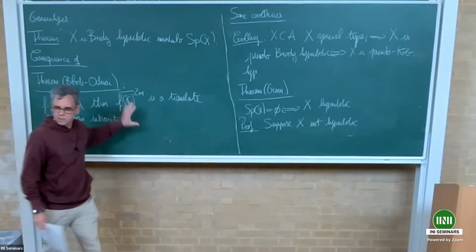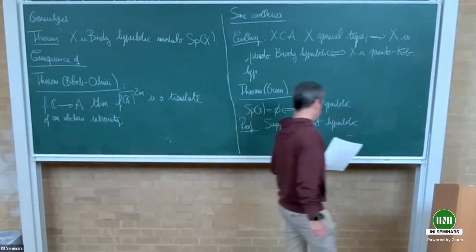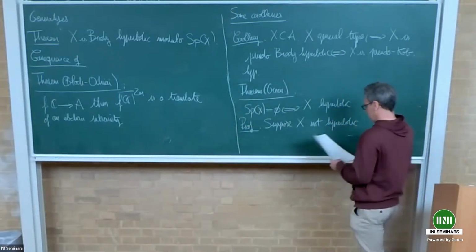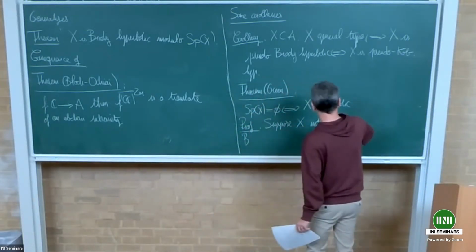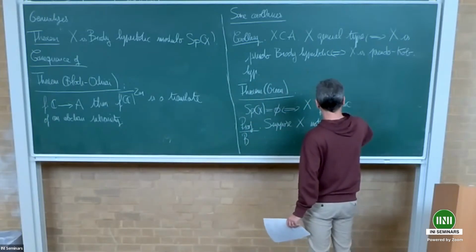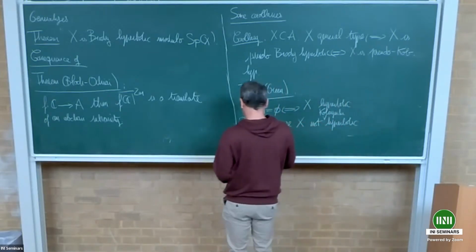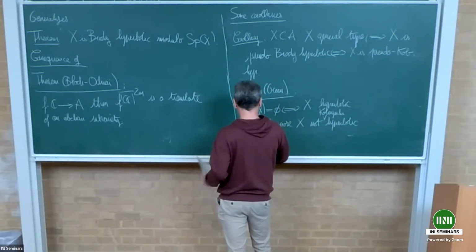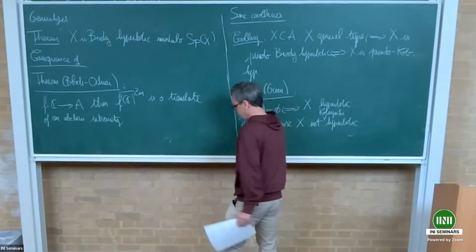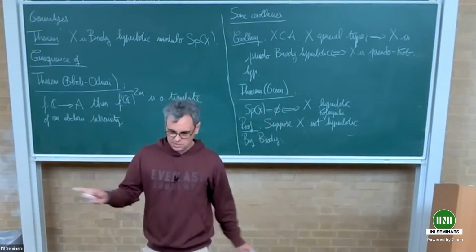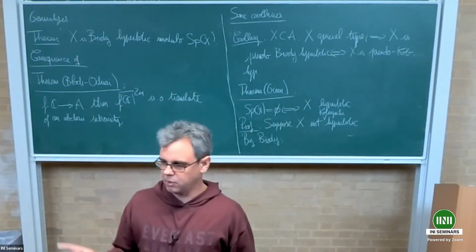It's much easier when you use Brody. Here I say not Kobayashi hyperbolic, but by Brody, if it's not Kobayashi hyperbolic and X is compact, you can produce a Brody curve.